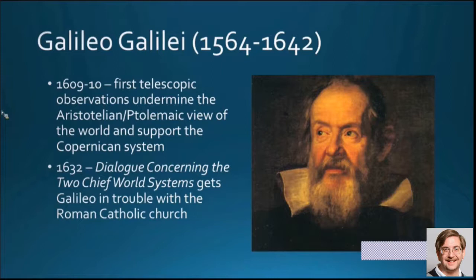In 1632, he wrote a book called Dialogue Concerning the Two Chief World Systems. This gets him in some trouble with the Roman Catholic Church. It's not so much that he says something that runs against core Catholic doctrine, but he takes it upon himself to say that the Copernican view seems plausible in various ways.